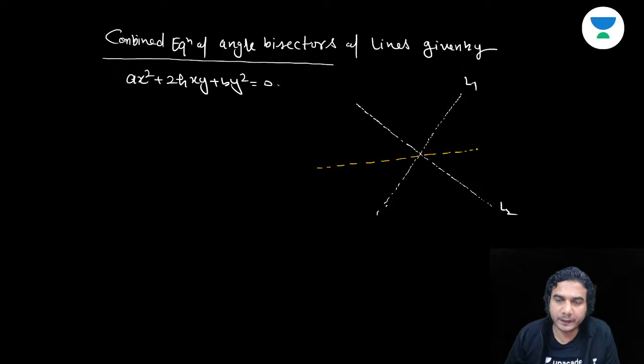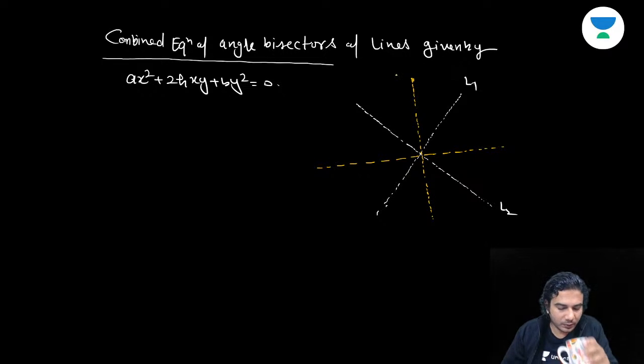Combined equation of angle bisectors, and we know that angle bisectors are always mutually perpendicular. So whatever combined equation we get, do you know if lines are mutually perpendicular, then what was the condition on a, h and b?